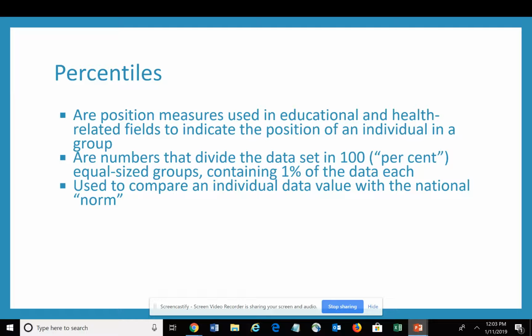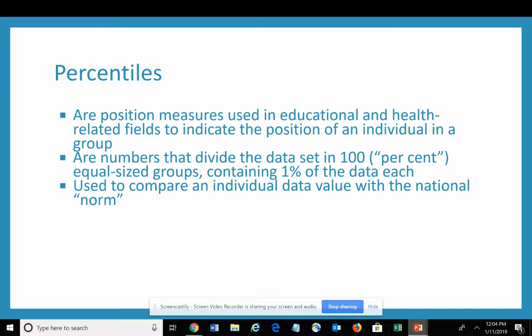One of the benefits, as I've kind of alluded to, is that we use percentiles to compare how an individual data value compares to what is often referred to as the national norm. For example, if you take the ACT math test and you score 25, when you get your score report back, it may say that your score of 25 on the ACT math test is in the 90th percentile.